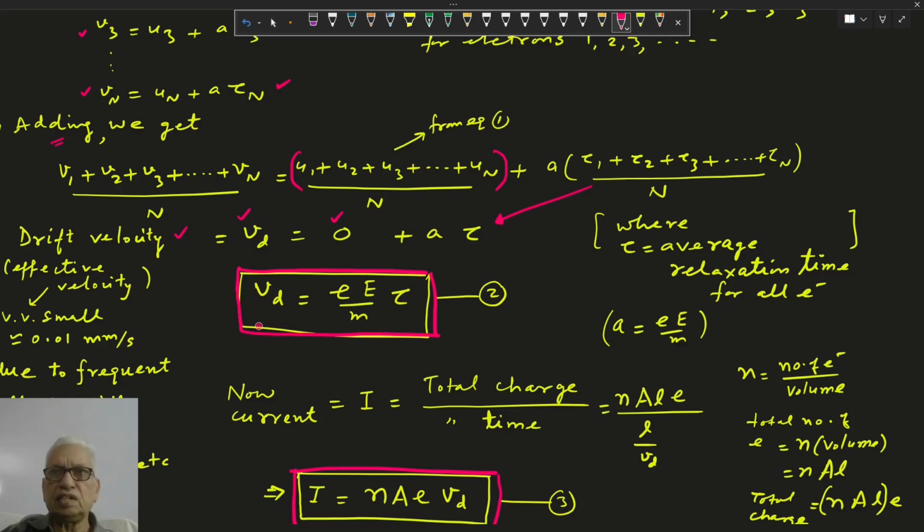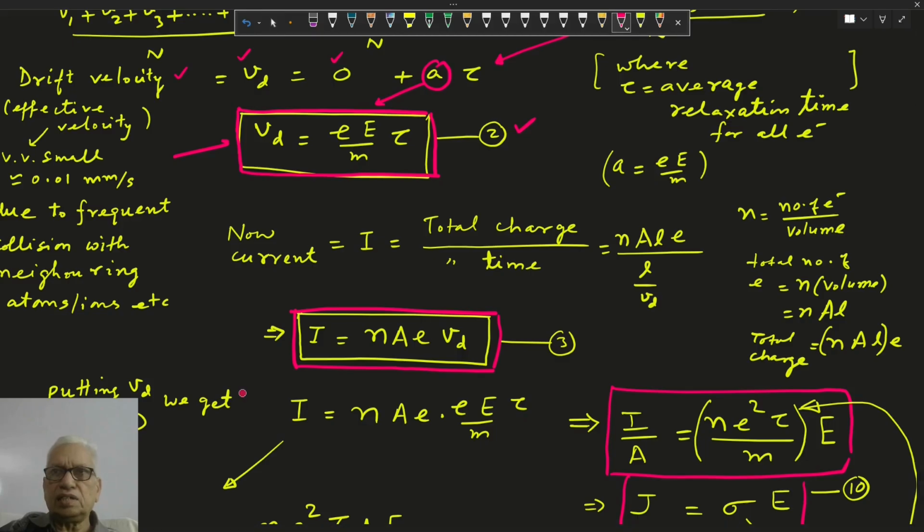Average relaxation time for all electrons. So Vd, by putting the value of acceleration a here, is e by m tau. So we got the formula of drift velocity Vd, that is e by m tau. Now current here is total charge divided by total time. In the conductor, n is the number of electrons per unit volume multiplied by the volume, area times length.